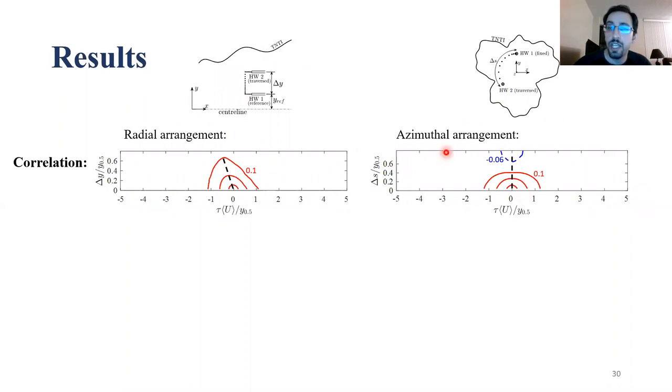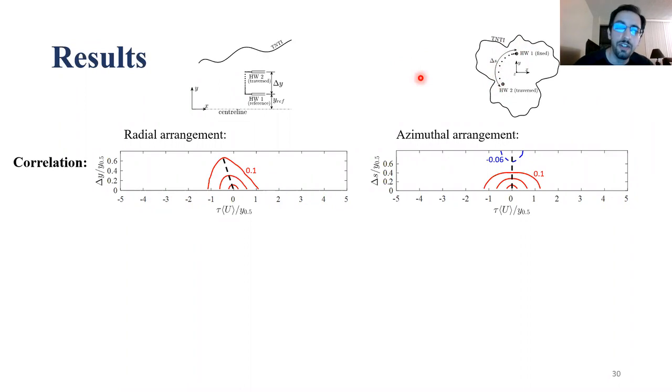But in the azimuthal arrangement, where delta S is the azimuthal distance between the hot wires, we can see that we have a positive correlation region, and alongside of that, a negative correlation region. This shows that, in a statistical sense, we have a high speed region, and alongside of it in the azimuthal direction, we have a low speed region.